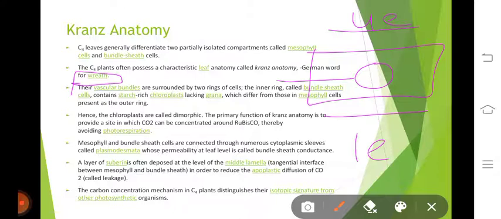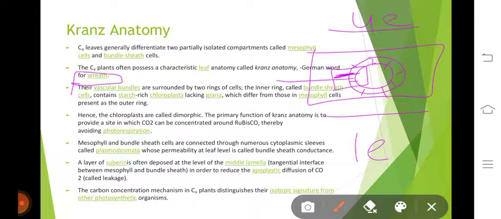The bundle sheath cells have specialized chloroplasts which lack grana. Such chloroplasts are called agranal chloroplasts, and they differ from the chloroplasts of the mesophyll cells. In this region, the chloroplasts of the mesophyll cells and bundle sheath cells differ from each other, and carbon dioxide fixation occurs here.